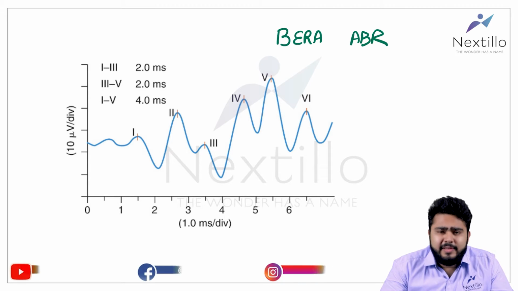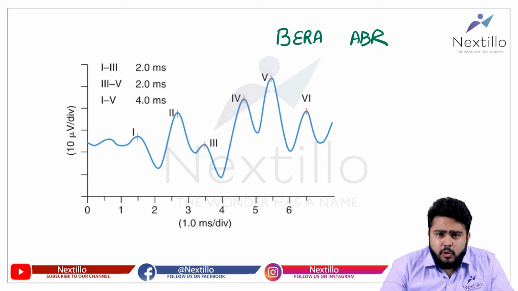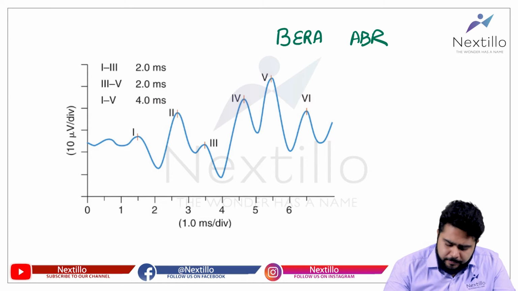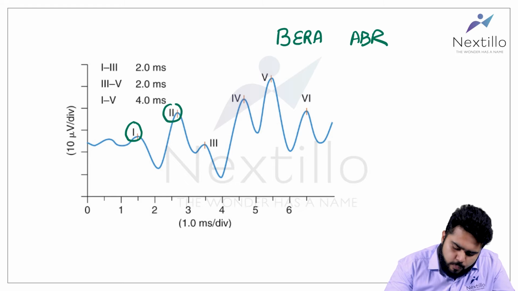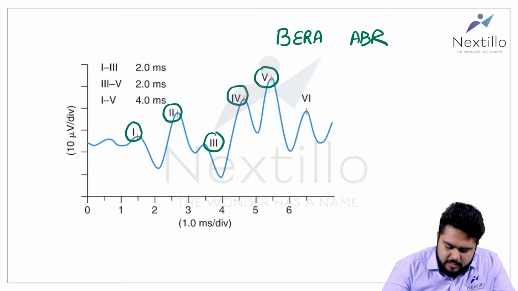This is BERA, brainstem evoked response audiometry, or ABR. Now in this, wave 1, wave 2, wave 3, wave 4, wave 5, they might ask the time period from the starting of the stimulus to wave 1. What is this time period called?